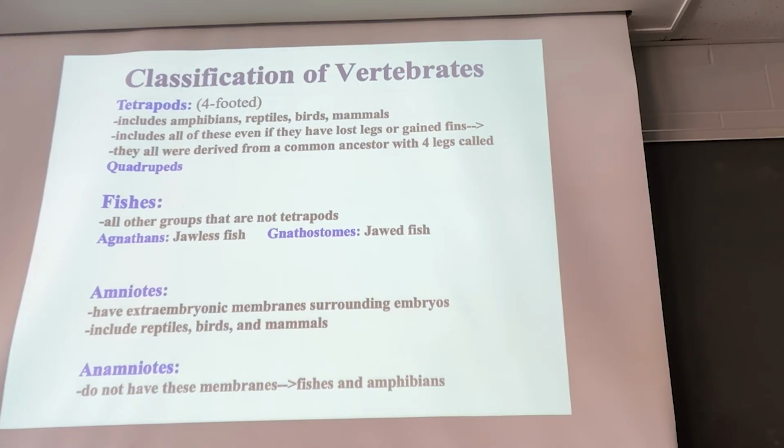And those jawed fish that evolved really early pretty much just outcompete and eat all of the cyclostomes, as you'll see, which disappear almost immediately when the jawed vertebrates appear in the fossil record.